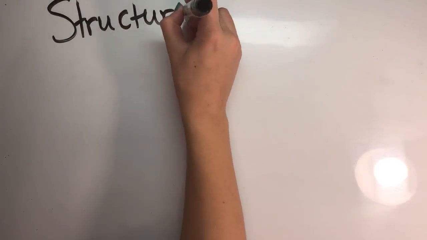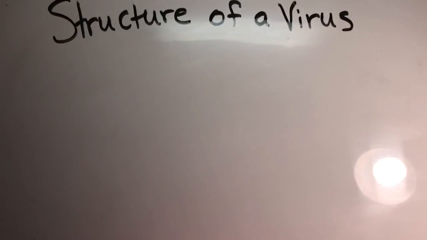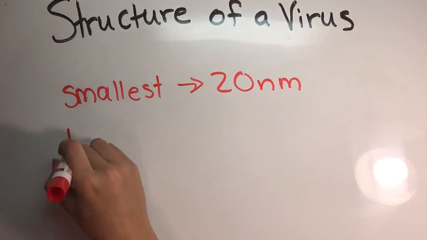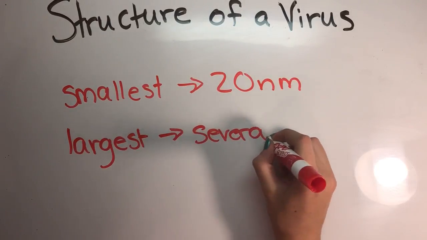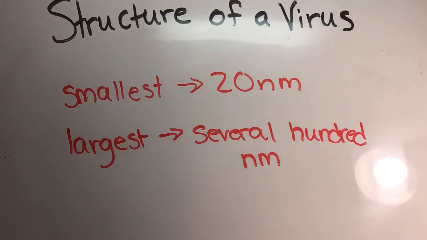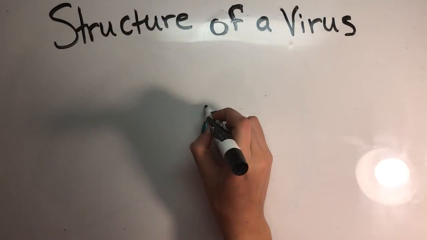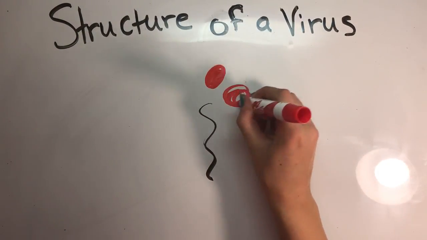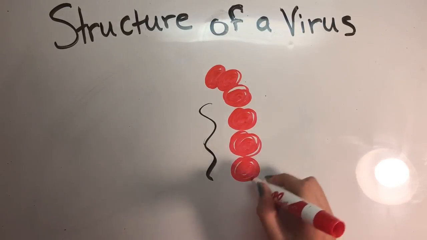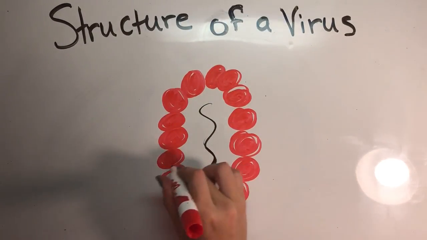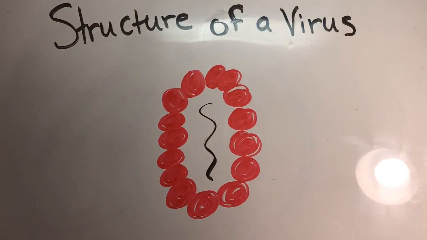What is the structure of a virus? The smallest viruses are 20 nanometers in diameter, while the largest have a diameter of several hundred nanometers. They consist of a nucleic acid, a protein coat, called a capsid, and a viral envelope.